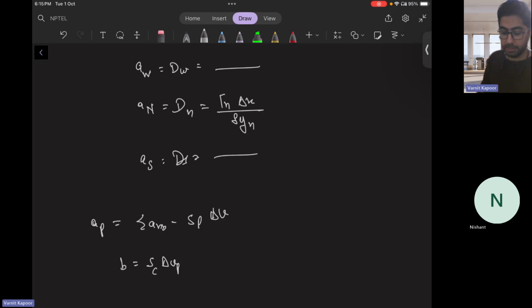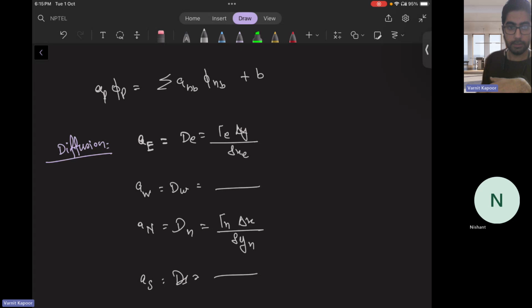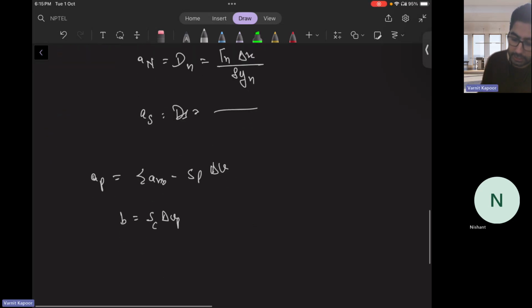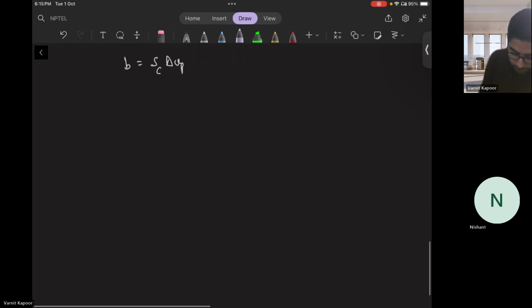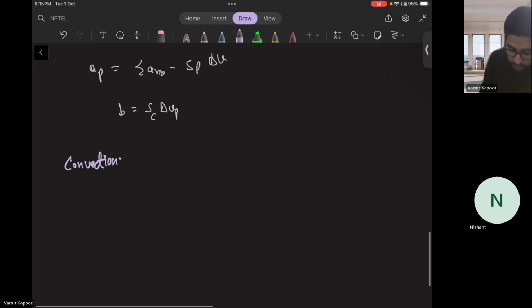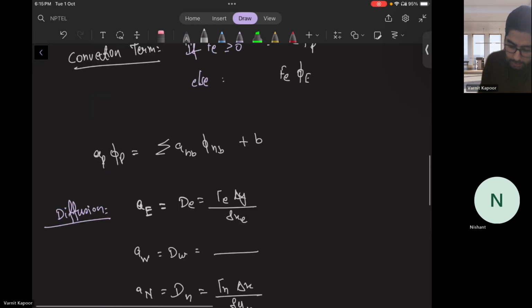But if convection term is there, this was for when diffusion was there. Now what will happen if convection is there? That is the scenario we need to deal with. So if convection is there, then your AP will be AP plus FE, using the convection diffusion equation.